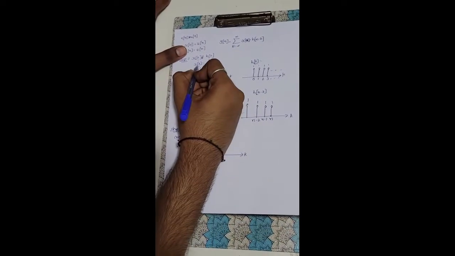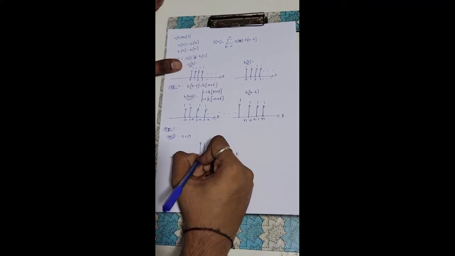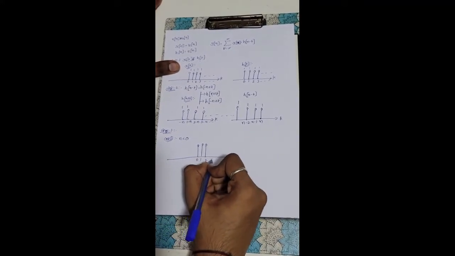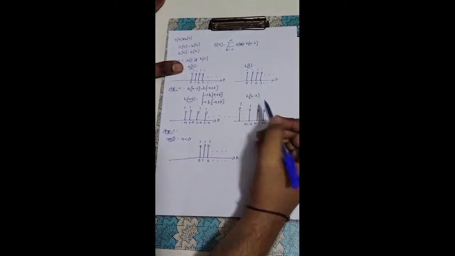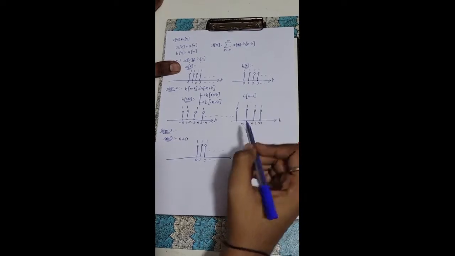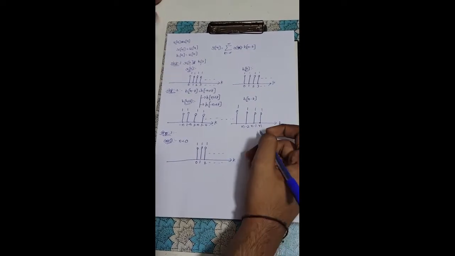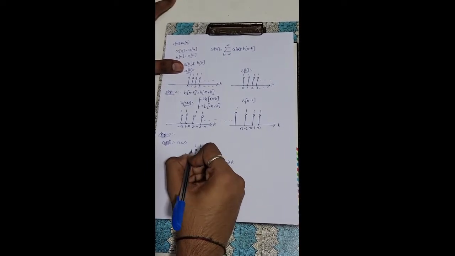First we will draw x of k. x of k is from 0 to infinity, with values 1. Here for h of n minus k, if n is less than 0, all the n values will be negative, where these values will come from less than 0.